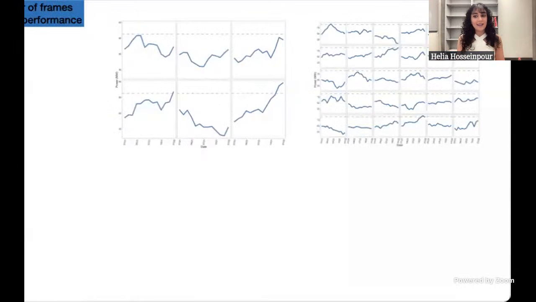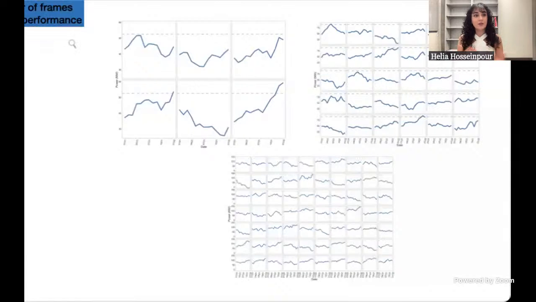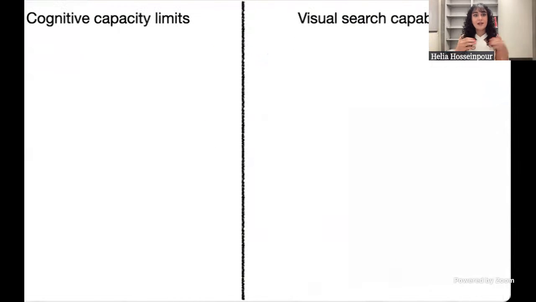To provide guidance about the number of frames for a given task, this work explores how human performance changes as frame quantities increase. We investigate the relationship between number of frames and task performance with small multiples using two competing cognitive theories. They include cognitive capacity limits and visual search capabilities.